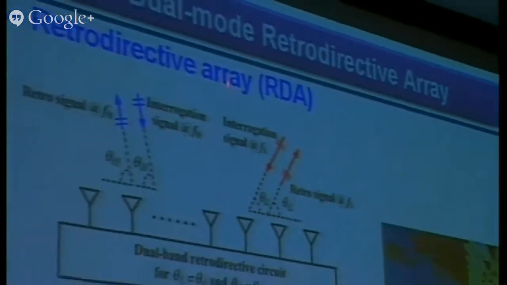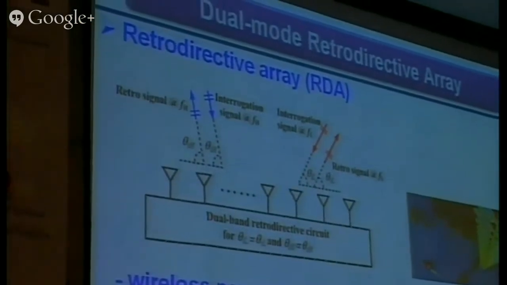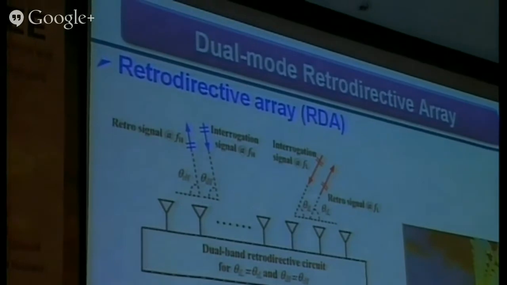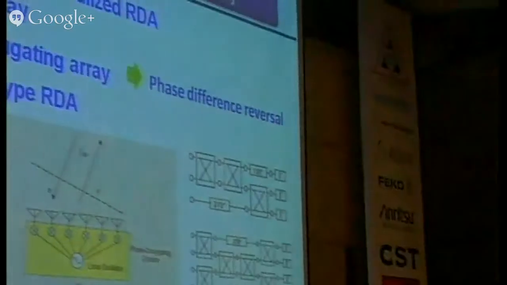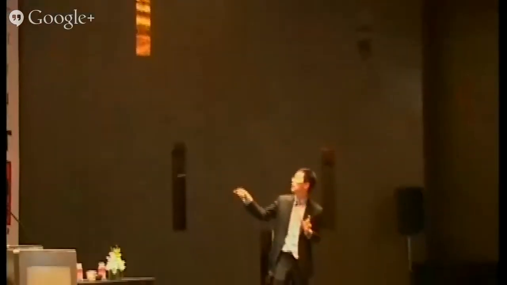With the Van Atta array, just think about how to make the retransmitted signal go to the direction of the incident signal. We have a very important phase condition. This phase condition means you must have the phase difference between adjacent antenna elements reversed.